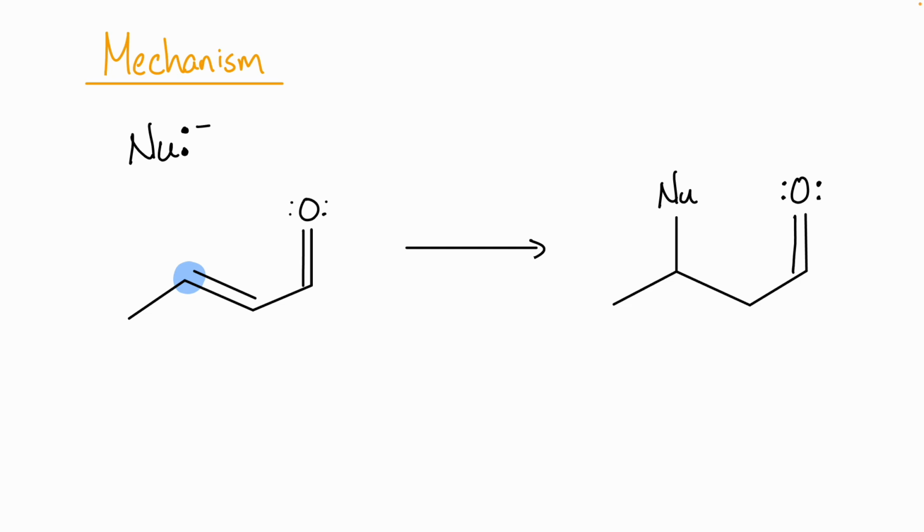So how does that work in terms of our mechanism? Well, our nucleophile is going to attack our electrophile, of course, but carbon can't have too many bonds, so we have to get rid of this pi bond pair of electrons. And because we have an electron withdrawing group, that electron withdrawing group is more than happy to accept those electrons, right? So why do we need an electron withdrawing group?